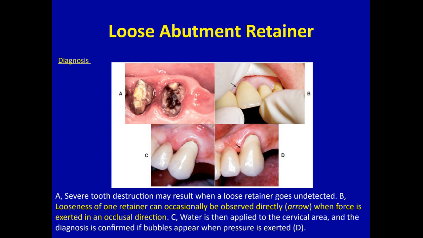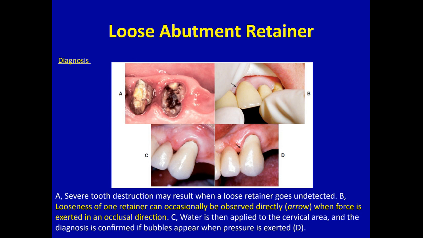This is an example of a loose abutment retainer of an FPD, which resulted in severe tooth destruction. Severe destruction of the abutment tooth may result when a loose retainer goes undetected.